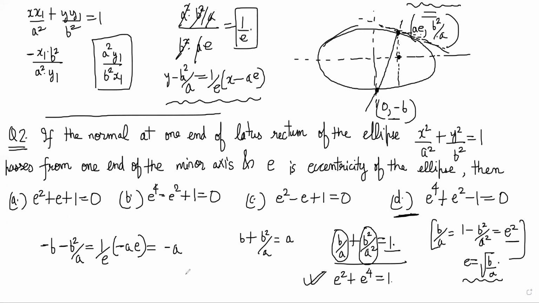Okay. Then this one. AB is tangent to the circle whose equation is x square plus y square is equal to 9.